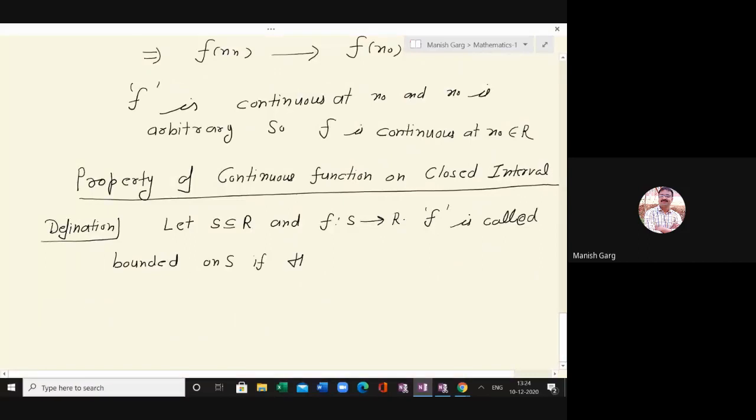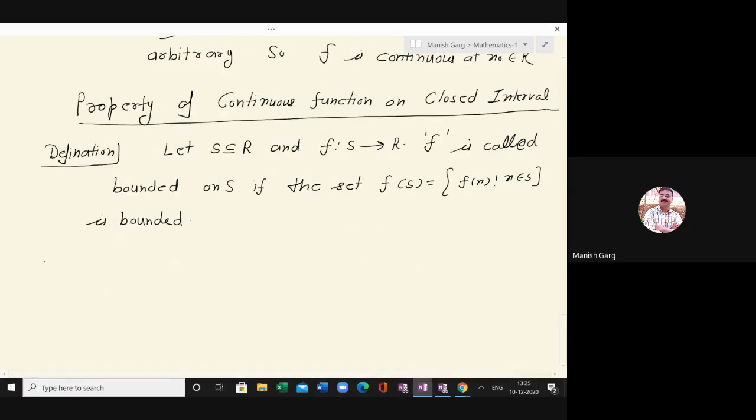If the set f(x), x is an element of S, is bounded. So if S is a subset of R, the function is called bounded if its range is bounded.